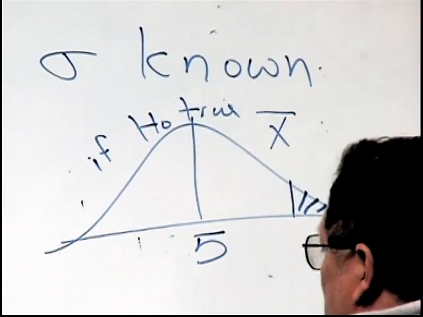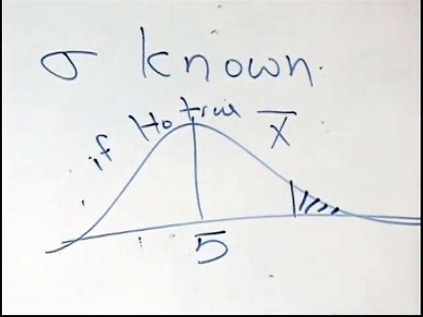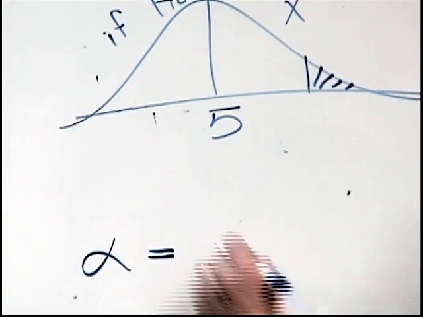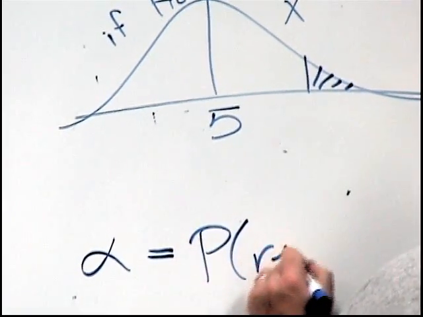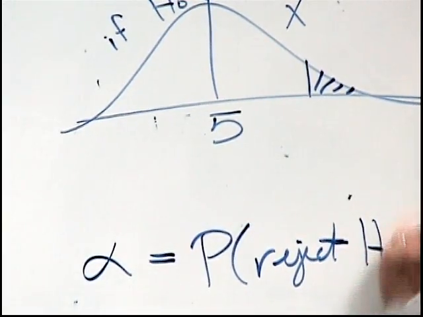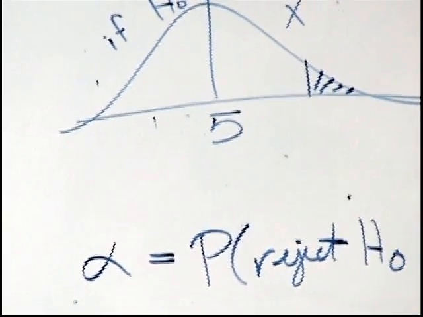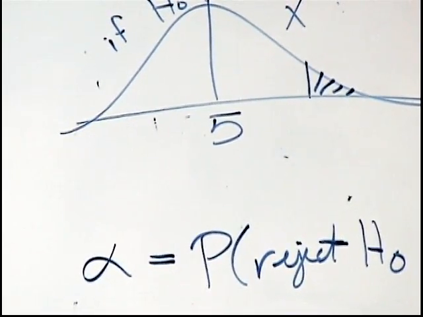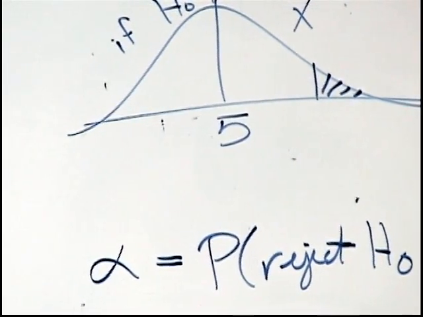Oh, that's right, there's this other thing. What's this alpha thing? It's got something to do with testing. Alpha is the probability we reject H0 when what's true? When it is true.